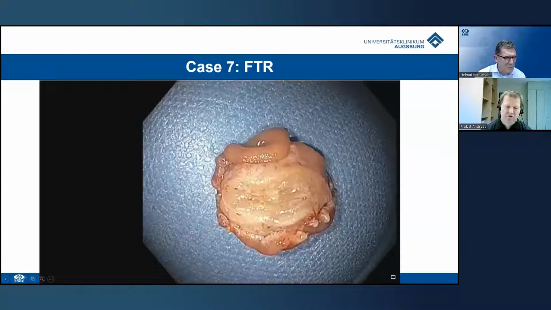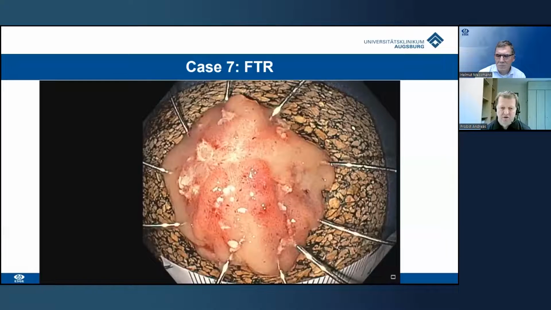And this was R0 resection of this multifocal adenoma with low-grade dysplasia. And after this procedure, I think the risk for another recurrence is nearly zero. So this is a new technique, and we have only few data today for duodenal full thickness resection.